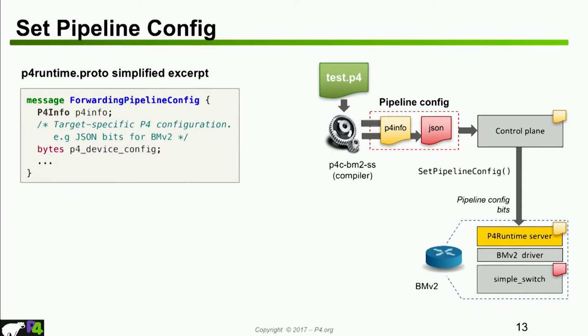So for the case of BMv2, the pipeline config will contain the P4Info and the BMv2 JSON. If you're using another target that uses a different format for the target-specific configuration, then you will need to add those bits into the pipeline config message. So this is how we push a new P4 program onto the device. And once we push that program, we can use the other calls to install table entries.